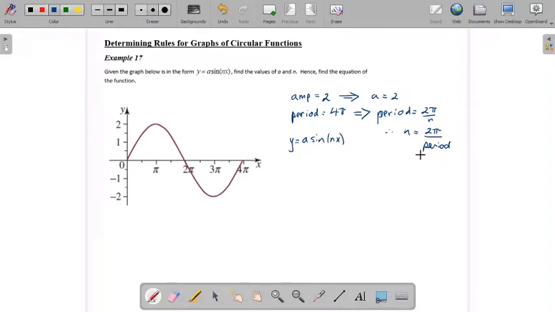And so that means we can go 2 pi divided by 4 pi, which simplifies to 1/2. Okay, so that means we can write our equation as y equals 2 sine half x.